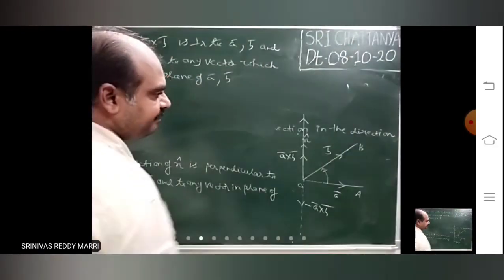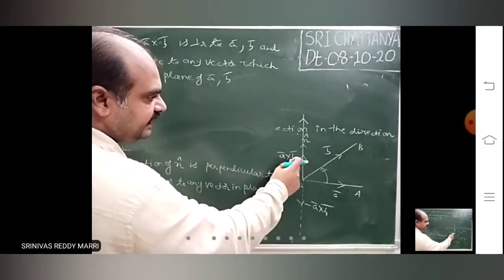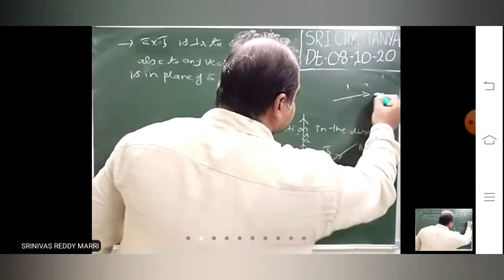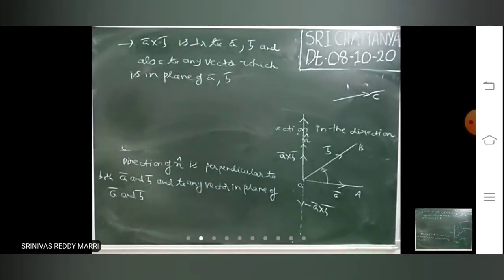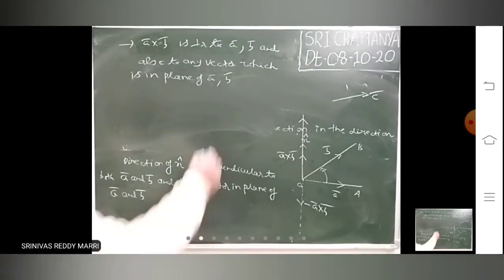Now my plane is my board. So this A cross B will be perpendicular to any vector on my board. These are two vectors. Suppose another vector is there like this on my board. So A cross B will be perpendicular to that vector also. Any vector on my board. So this is the one.